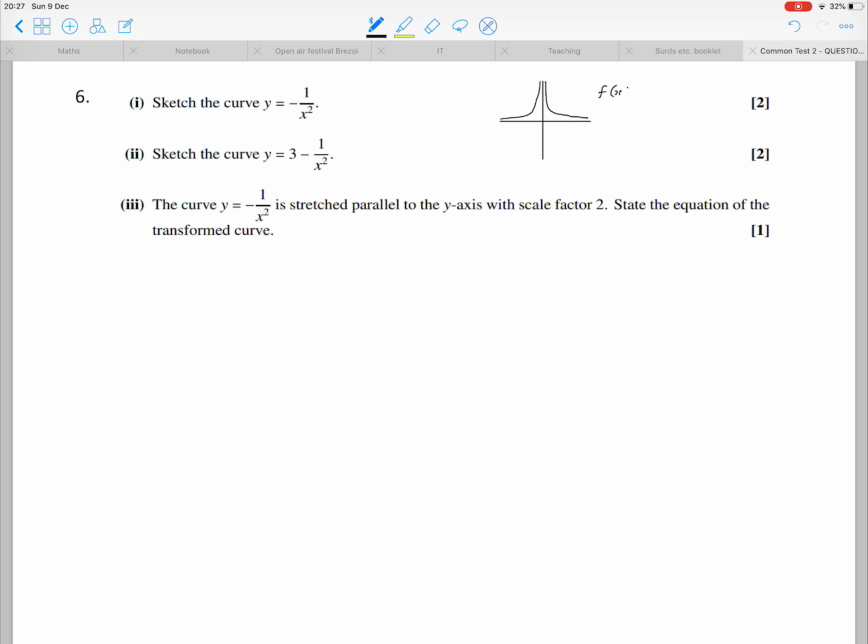I'm going to call that f of x equals 1 over x squared. So in part 1, if this is our definition of f of x, then this is minus f of x, which is a reflection in the horizontal axis. So question 1, you're just looking for something like this.